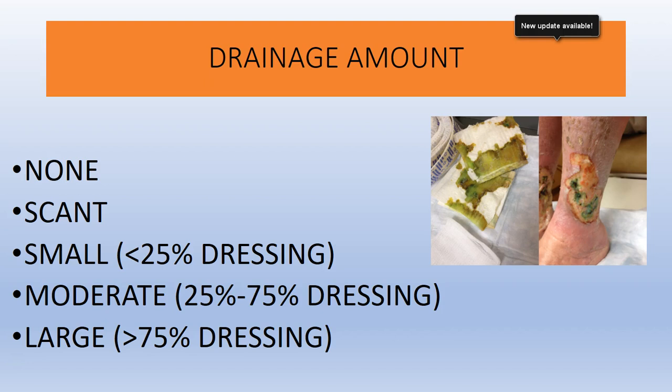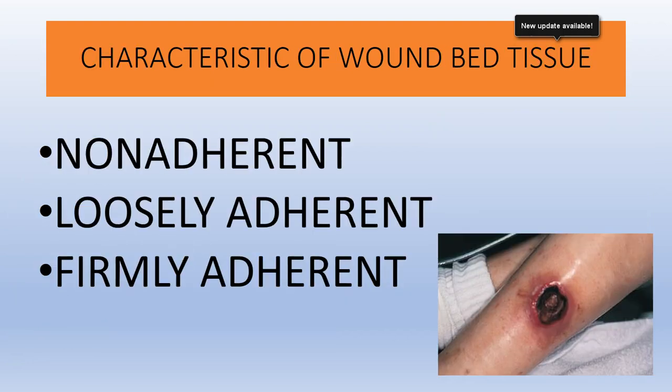And here again, just as we document size, and hopefully the size is decreasing, we may be able to document also decreasing amounts of drainage based on the amount of the dressing that has been infiltrated by the drainage, as a reflection of improving conditions in the wound itself.